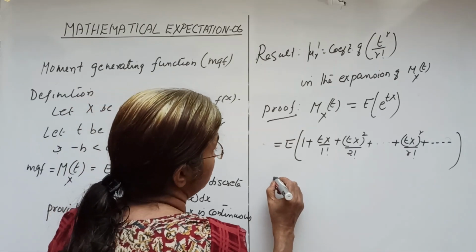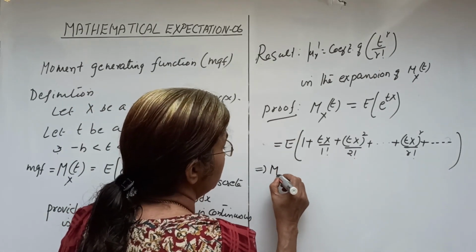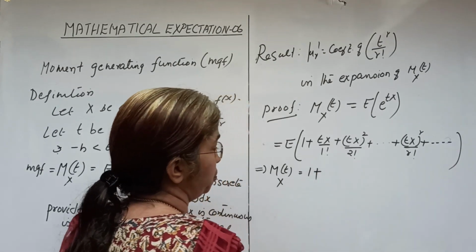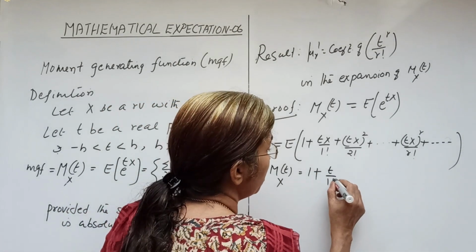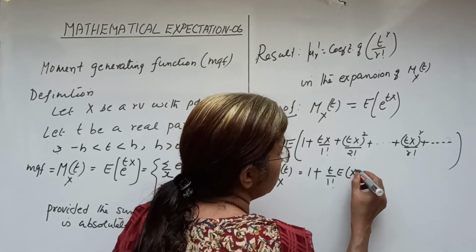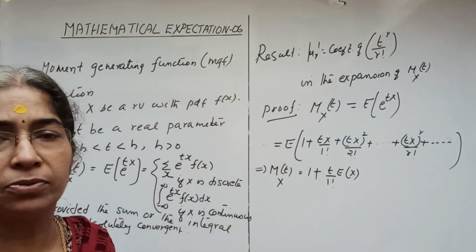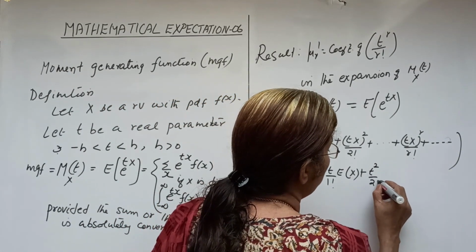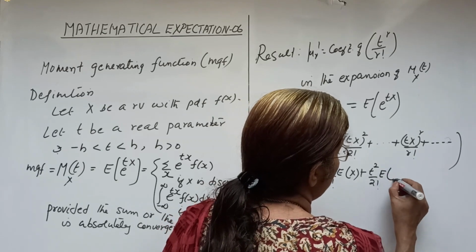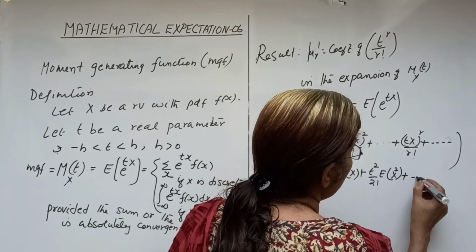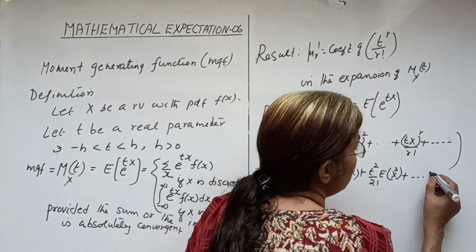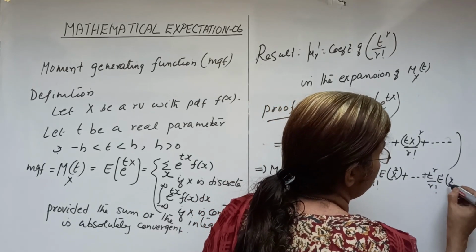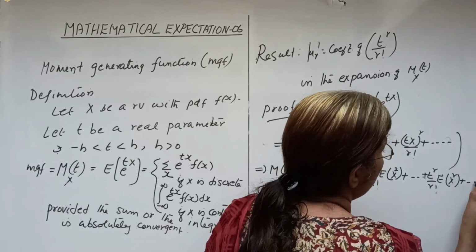Thus M_X(t) equals the expectation of 1, which is 1, plus t by 1 factorial into the expectation of X, which we know is mu 1 dash, then plus t square by 2 factorial into the expectation of X square plus etc., plus t raised to r by r factorial into the expectation of X raised to r plus etc. up to infinity.